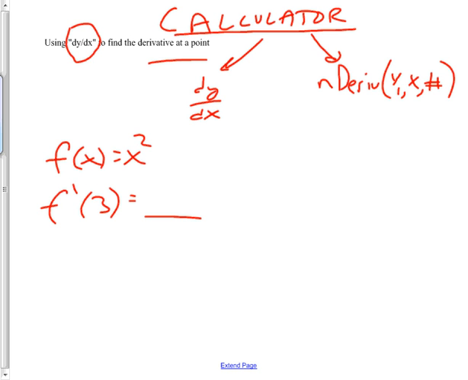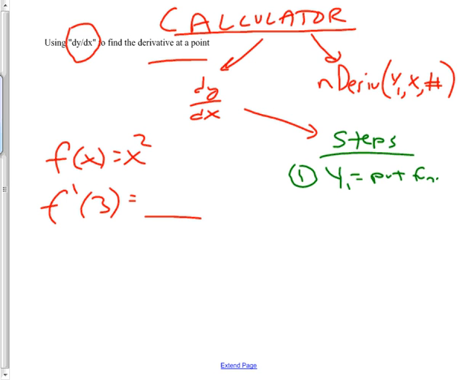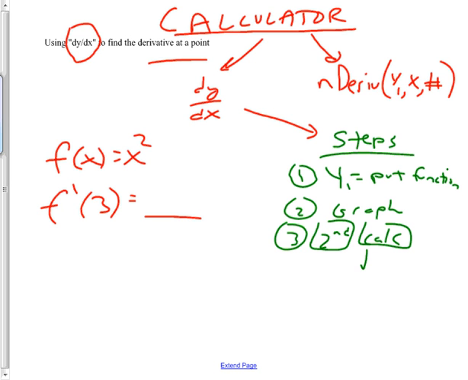But to use this function dy/dx, there are just some very easy steps. Step 1, into y1, put your function, and then graph the function. Then you go to one of the most helpful keys on your 83 or 84 calculator. You're going to press second, calc, and go down to dy/dx and just press enter there.